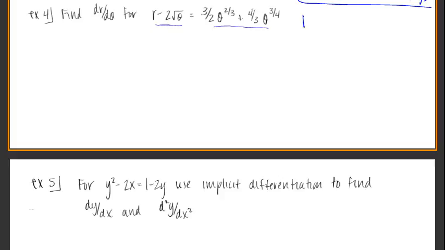So I read it as r minus 2, and then it should be theta to the 1/2 power, is equal to 3/2 theta to the 2/3 plus 4/3 theta to the 3/4. Okay, let's go back. They're wanting us to find dr/d theta. So we're taking the derivative of r with respect to theta.